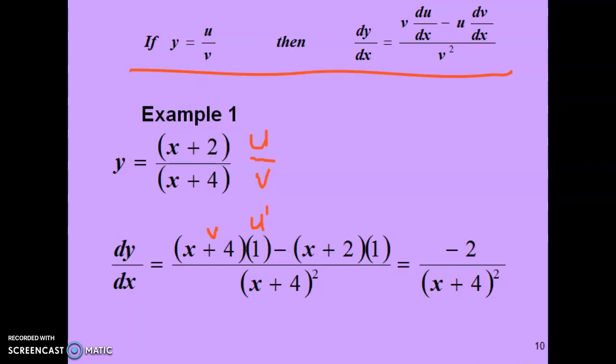So just put u prime here minus u v prime, again it's 1 here, it's indicated as a 1, which is good, all over v squared. Then simplifying this, we ended up with this one. This is a good example of a quotient rule. All right, let us continue.